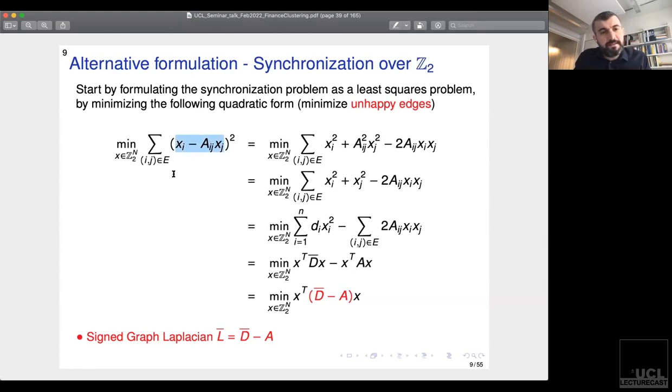If you minimize this objective function and do a little bit of algebra, you arrive at minimizing this quadratic form, x transpose (D-bar minus A) times x, where D-bar minus A is called the signed graph Laplacian. It's the usual graph Laplacian, except that D-bar has on the diagonal the sum of the absolute values of the entries in A.